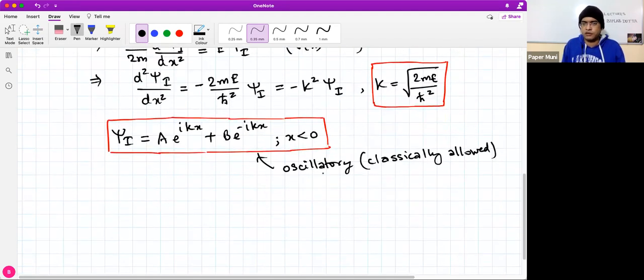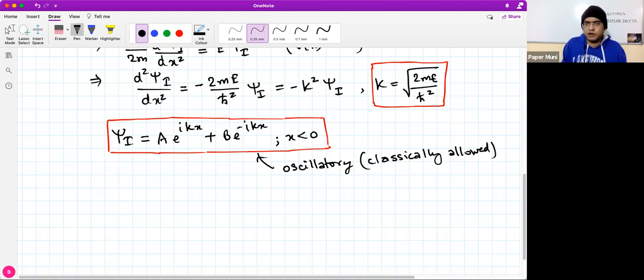So if somebody asks you whether the form is oscillatory or decaying in the classically allowed region, always remember that whenever you have this format, e to the power i kx plus B e to the power minus i kx, these represent oscillatory solutions. Why oscillatory?